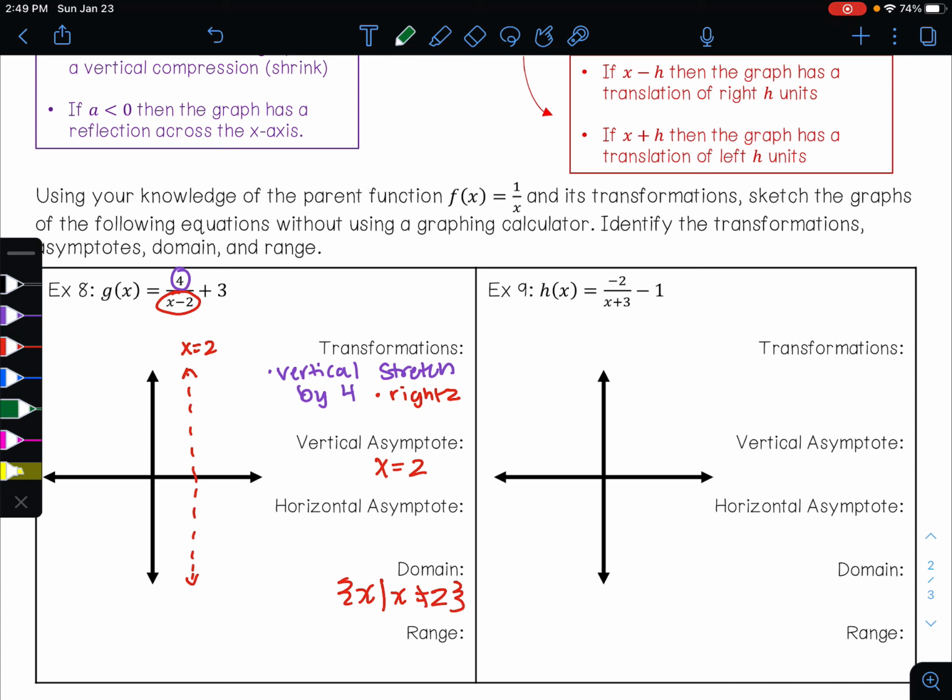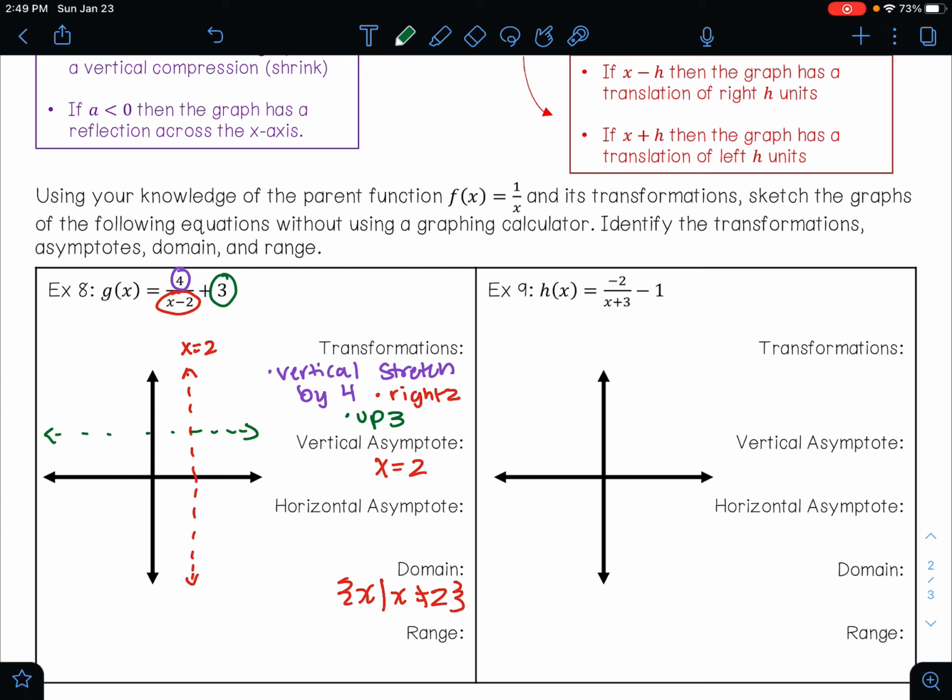And then the last thing that I notice is that my k value is positive 3, which means I'm going up 3 units. Well, if we go up 3 units, that means that my horizontal asymptote will be at y equals 3. And my range will be all values of y such that y cannot equal 3.